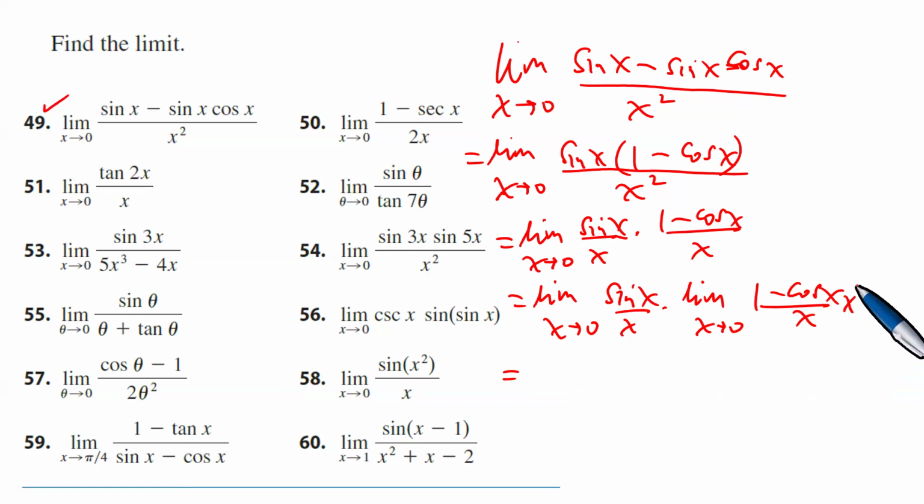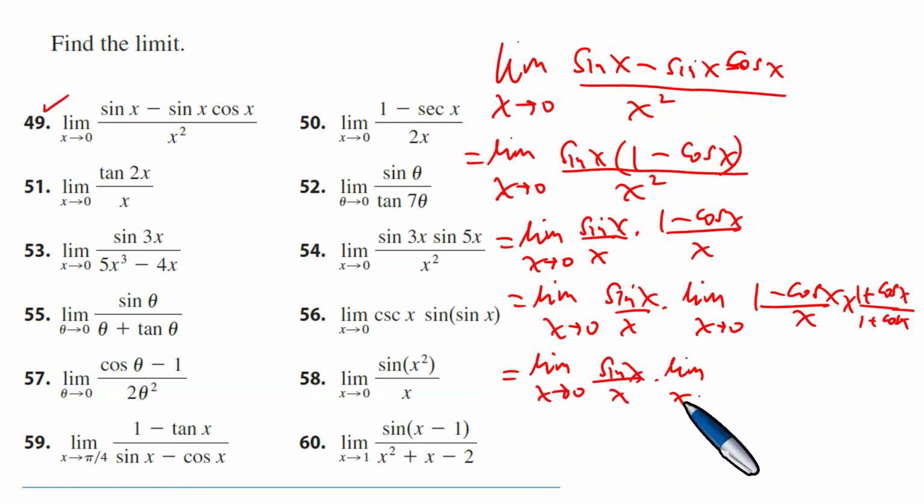We rationalize by multiplying by 1 plus cosine x over 1 plus cosine x, because if you substitute straight away, cosine 0 is 1, and 1 minus 1 is 0, so it is 0 over 0.